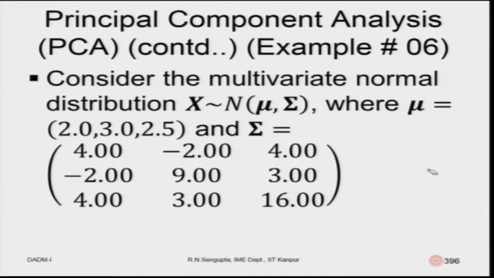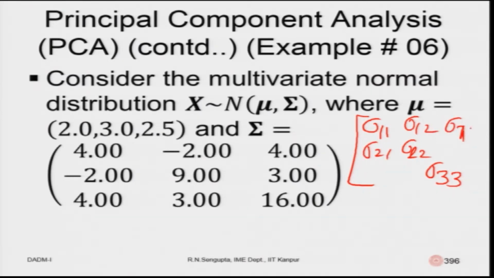Now, I come to the variance covariance matrix. So, the variance covariance matrix is given by this. Obviously, it will be like this: sigma 1 1, sigma 2 2, sigma 3 3, sigma 1 2, sigma 2 1, sigma 1 3, sigma 3 1, sigma 2 3, sigma 3 2.